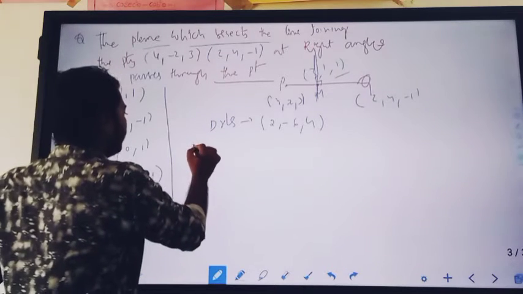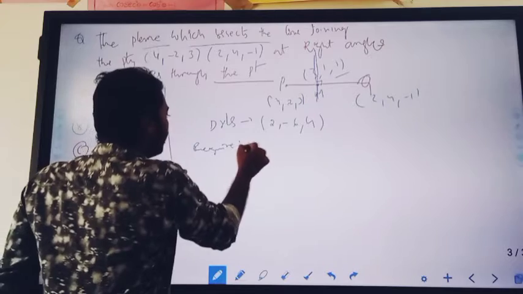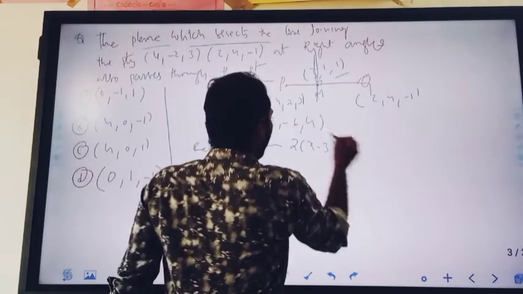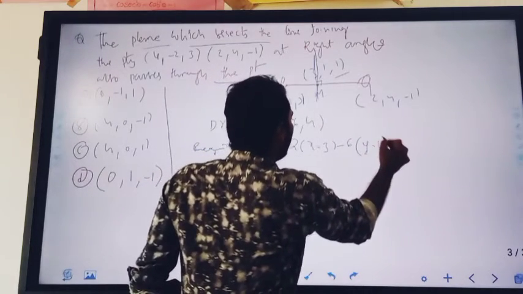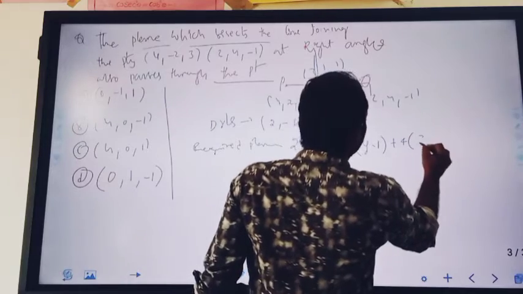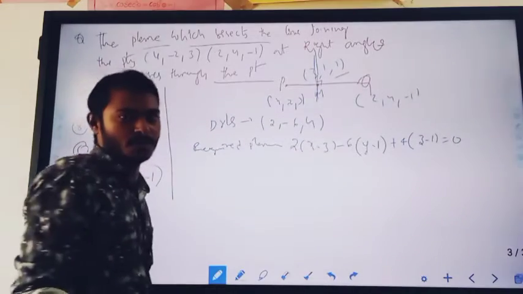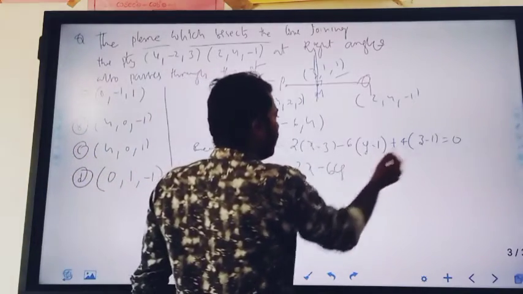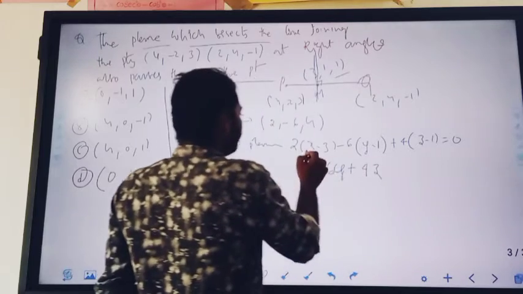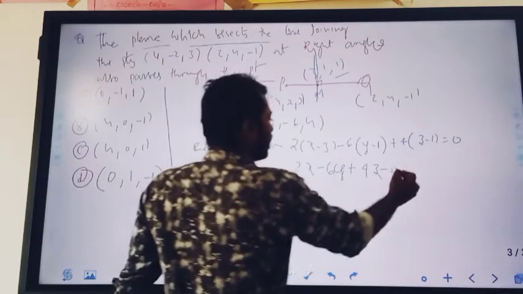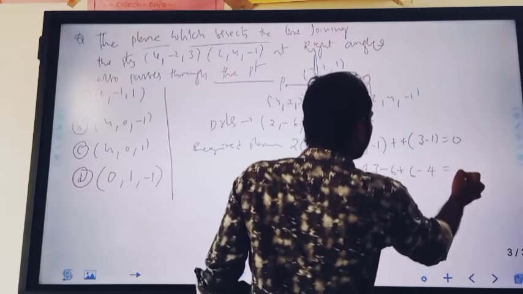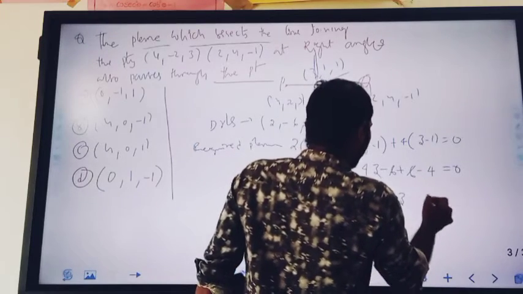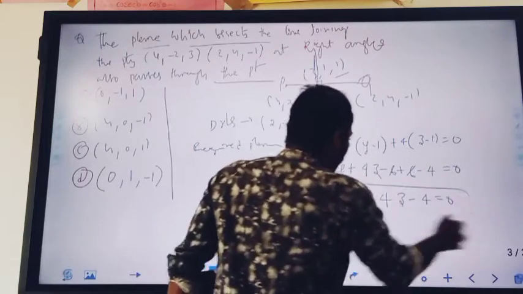So the required plane is 2 into (x minus 3) minus 6 into (y minus 1) plus 4 into (z minus 1) equal to 0. Solving this, 2x minus 6y plus 4z, then minus 6 plus 6 minus 4 equal to 0. Plus 6 minus 6 cancel. We get 2x minus 6y plus 4z minus 4 equal to 0.